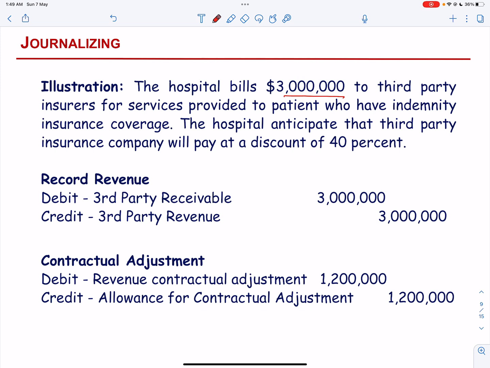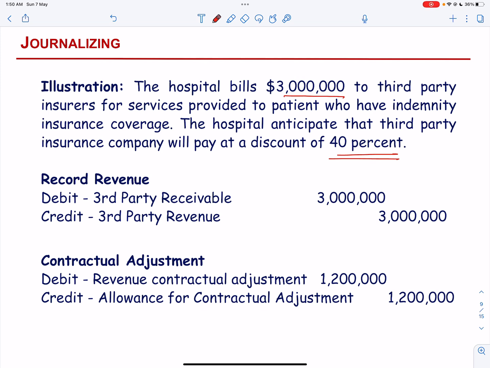The hospital anticipated that the third party insurance company will pay the amount billed but at a discount of 40%. So the agreement between the hospital and the insurance company is that they will pay at a discount of 40% of the gross bill.